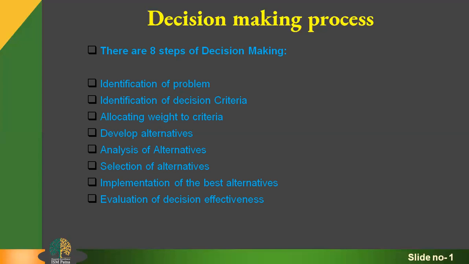But here is one more scope: post implementation, there must be a check. They must check, after implementing, what is the impact and what is the effectiveness of the decision. They cannot simply be satisfied with the implementation of the selected alternative.